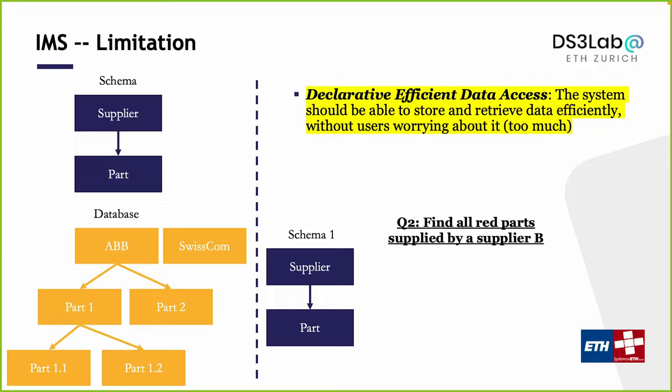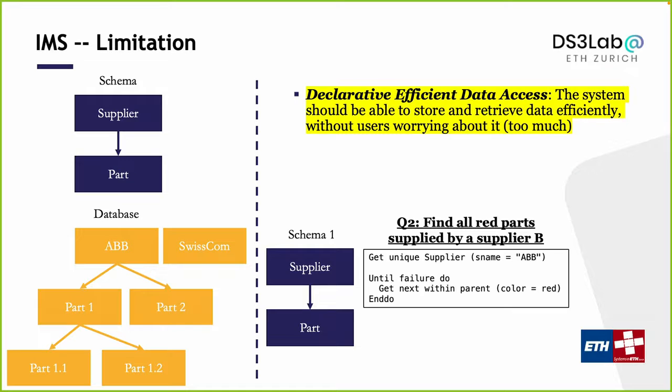Assuming I have a database like this, with supplier pointing to part, and I try to write this query: find me all the red parts supplied by supplier B. We can write the first query. I go to supplier, and then I enumerate all the child nodes. I could do that, but I could implement this in different ways.